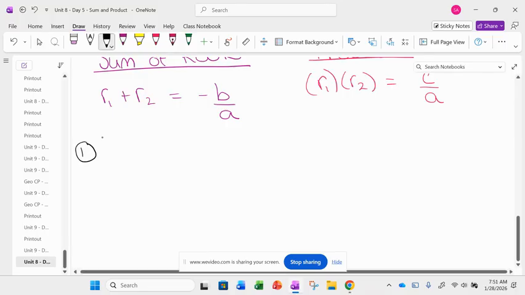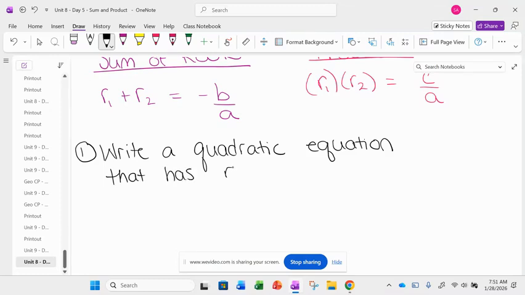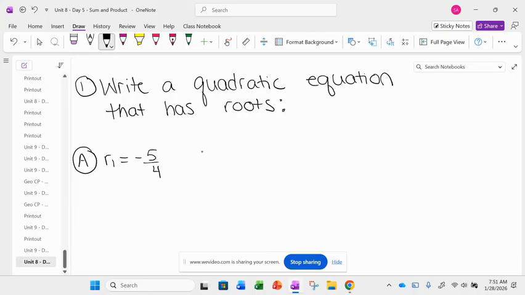I want us to write a quadratic equation that has roots, and the first one is going to be root 1 is negative 5/4 and root 2 is 16 over 5.